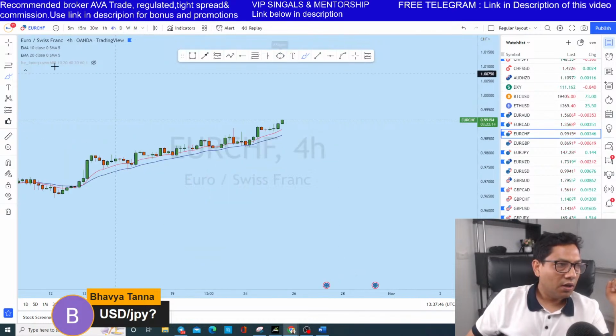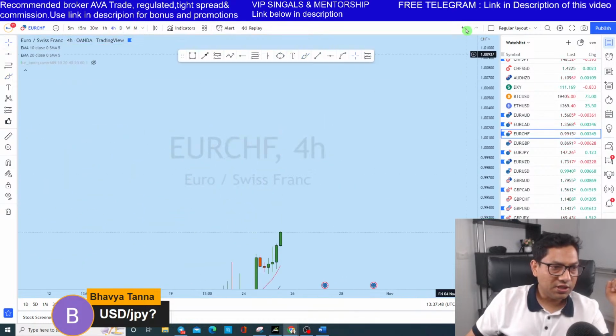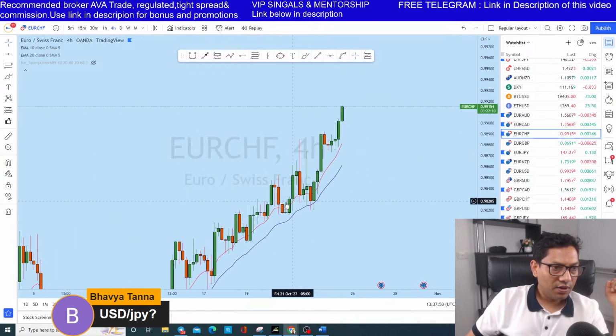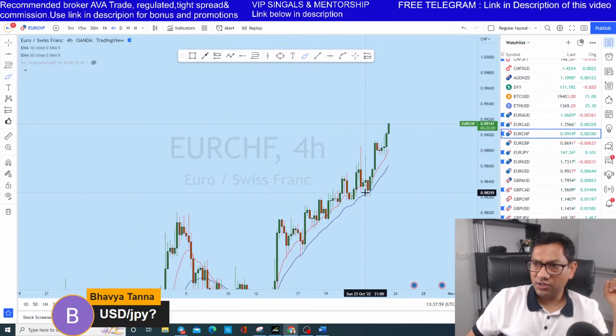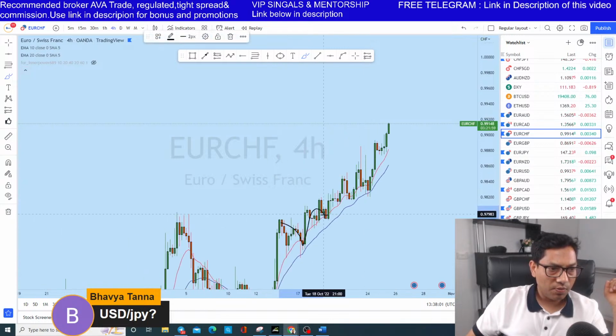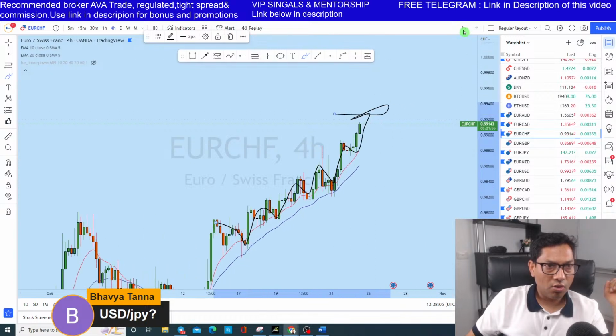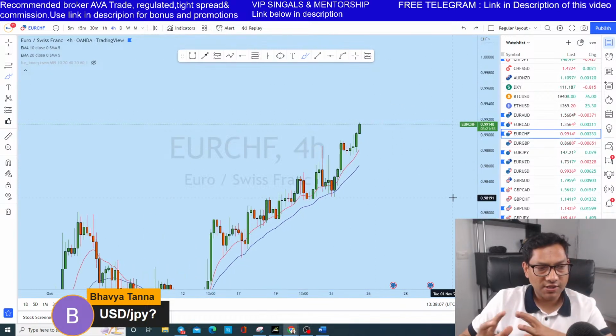Looking at the 4-hour time frame, we see that Euro CHF has broken up to the upside, retraced, and is now going up. So this is a typical uptrending market structure, creating a series of higher highs and higher lows. That's an awesome bullish market structure, guys.